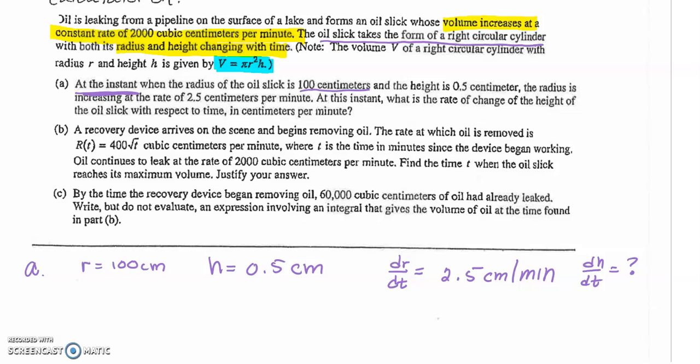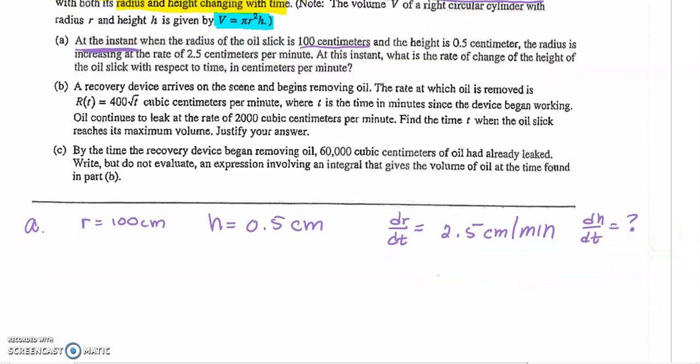What we're going to do now is some implicit differentiation. We need to take this volume formula and take the derivative of all variables with respect to time. I want you to decide what derivative rules you might need to apply here. We need to do implicit differentiation, and we cannot forget that we have a product rule, since neither r nor h is a constant.